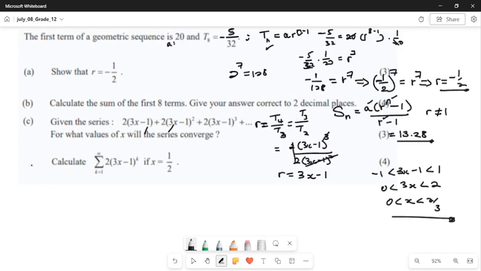Now question number D. Calculate the sum of 2 into 3x minus 1 raised to the power k from the value k is equals to 1 to infinity if x is equals to half.